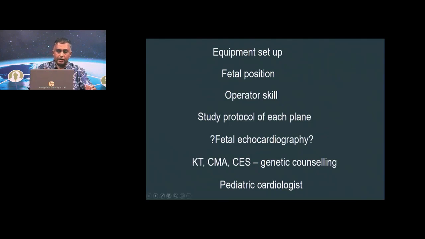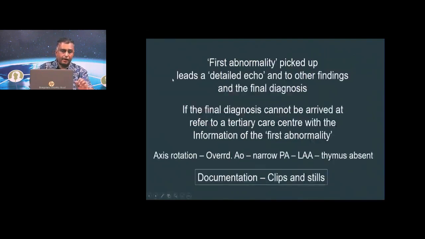And it's best that you go through a genetic counseling session and decide on what testing for what. And most importantly, the cardiac outcome should be explained to the couple by a pediatric cardiologist, so that with knowledge, they make their decision for this particular pregnancy. So the first abnormality picked up leads to a detailed echo and to other findings.